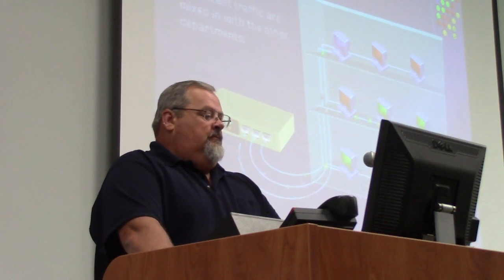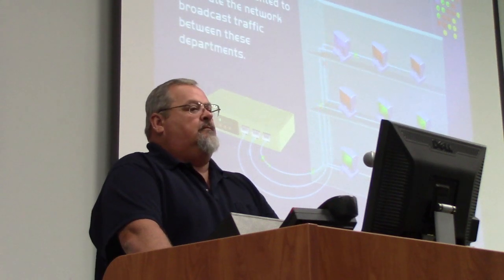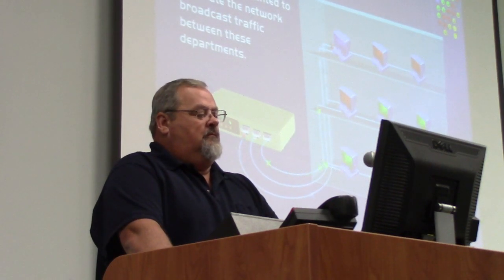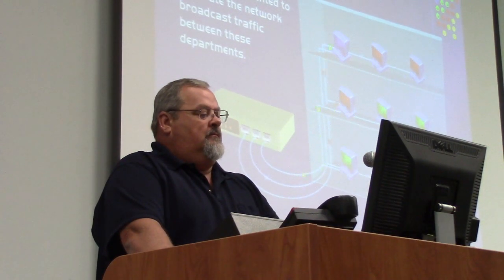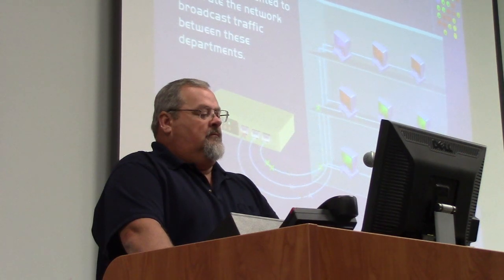Now suppose, as a network administrator, you wanted to separate the network broadcast traffic from these departments from each other, so that the accounting department doesn't see any traffic from support, support doesn't see any traffic from shipping, and so on. So in our example, the VLANs were created on the switch. And this is done by designating specific ports on the switch and assigning those ports to a specific VLAN. So on the switch, we'll create a VLAN for the support department.